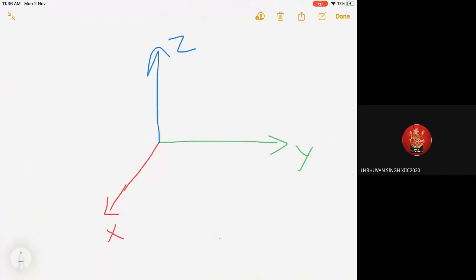If there is a point here, this point's coordinates are x, y, z. And this is the origin, we call it 0, 0, 0.